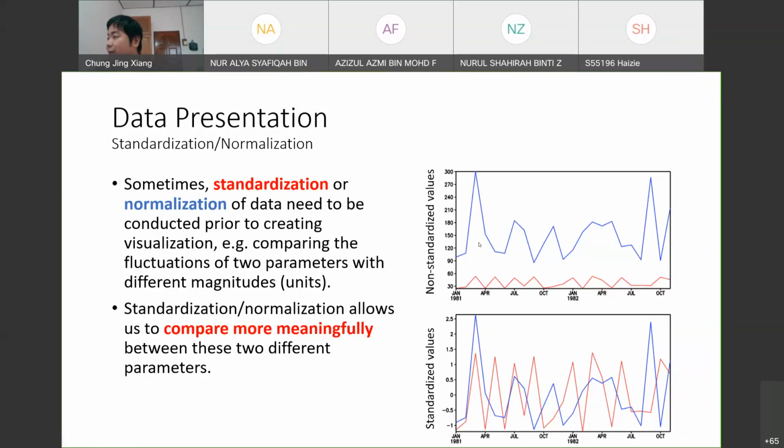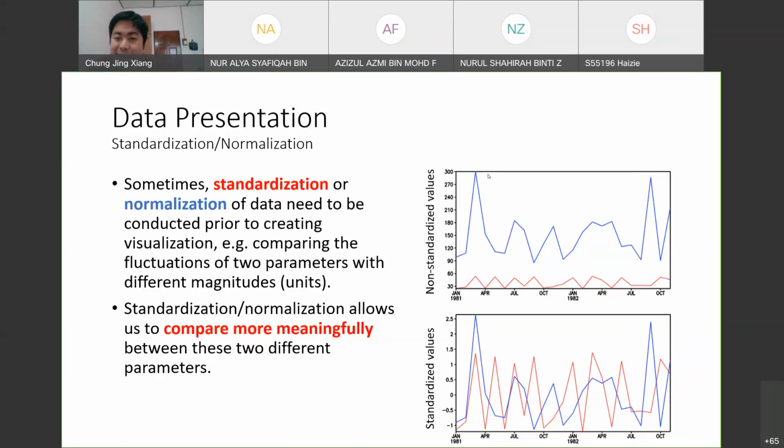Let's say we have the blue parameter and the red parameter. You can see they have very different magnitudes. If you don't standardize them and plot them out, the blue line fluctuates very strongly, so the variability is very large.